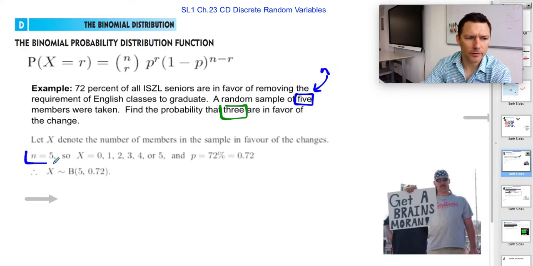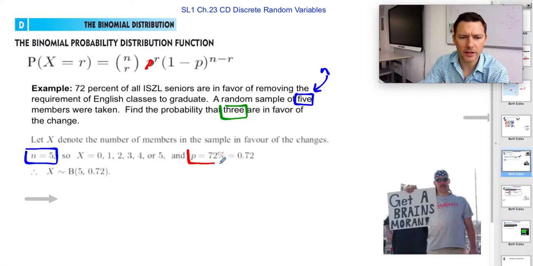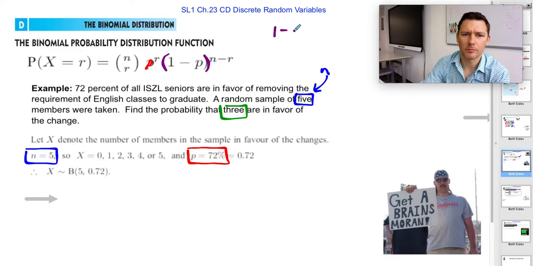We also know our probability is 72%, which is 0.72, so this piece should be 1 minus 0.72. This is the probability that it will happen, this is the probability that it won't happen.